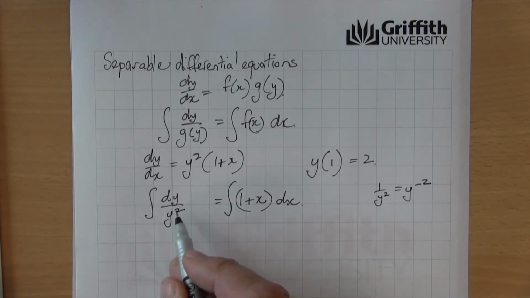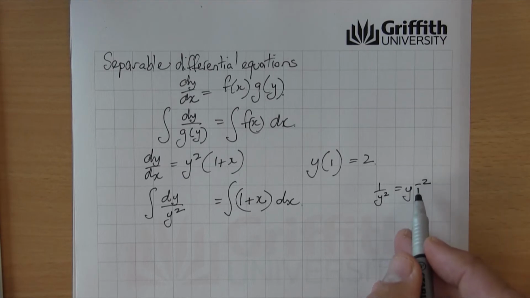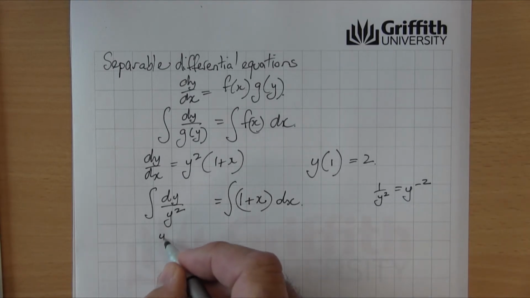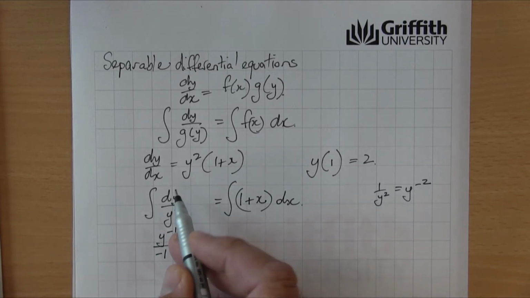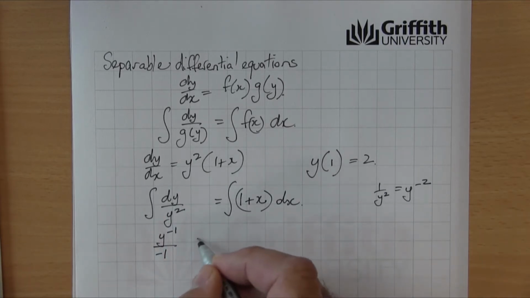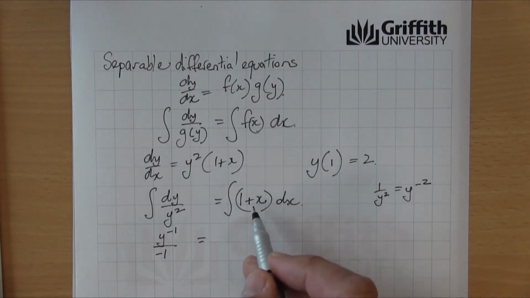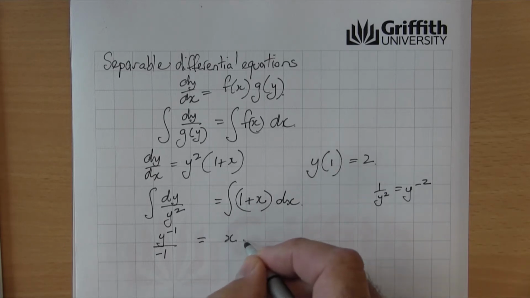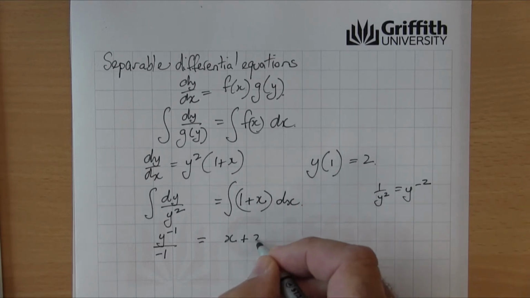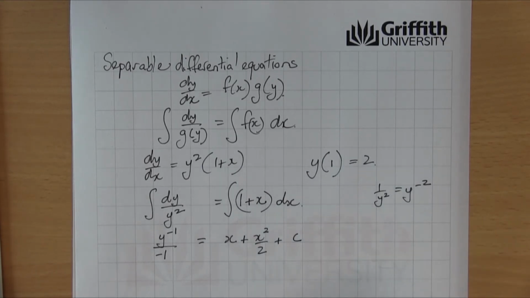So when we integrate y to the minus 2 with respect to y, we add one to the power, so we get y to the negative 1 all over negative 1. The right-hand side, the integral of 1 plus x, is x plus x squared on 2 plus some constant of integration.